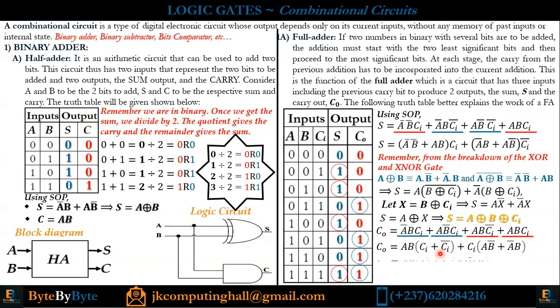So CO is going to be AB into 1 plus Ci into A XOR B. And we know that from the identity law, any input times 1 gives me the input. And that is how C out is equal to AB plus A XOR B ANDed with Ci. So for a full adder, that is the expression for S and C out that we have. Okay, let's proceed.